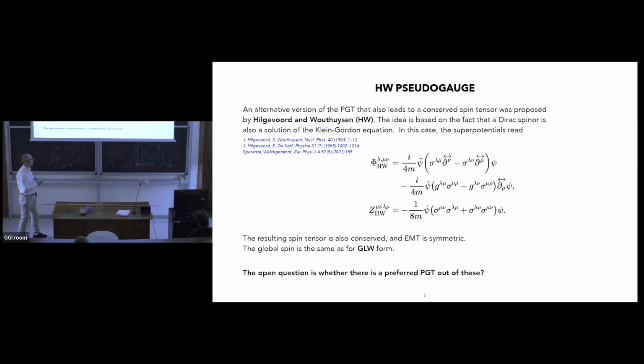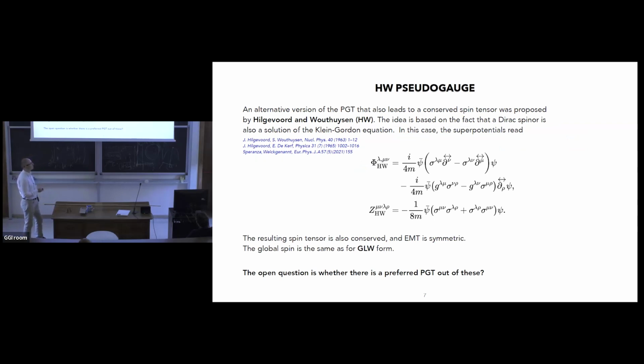Now, another pseudogauge which was also considered was the Hilgevoord-Wouthuysen pseudogauge. This one was giving similar currents as for the GLW case.